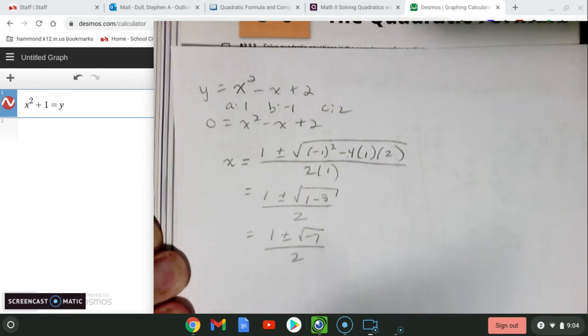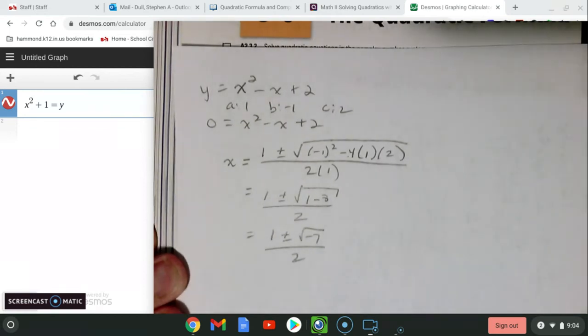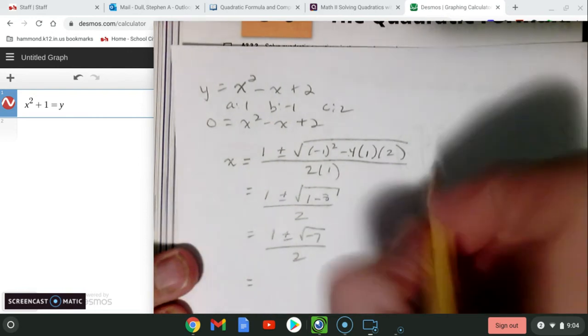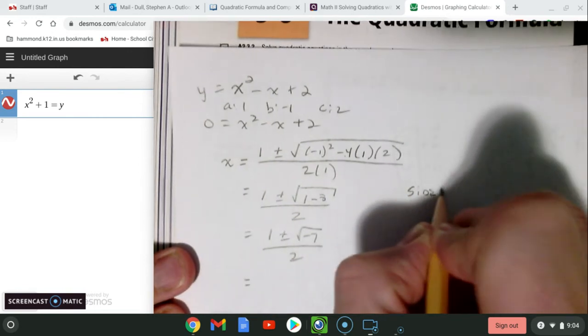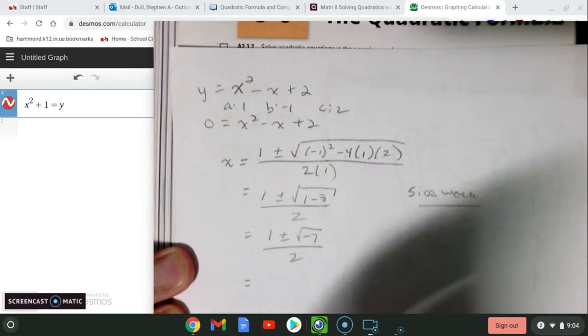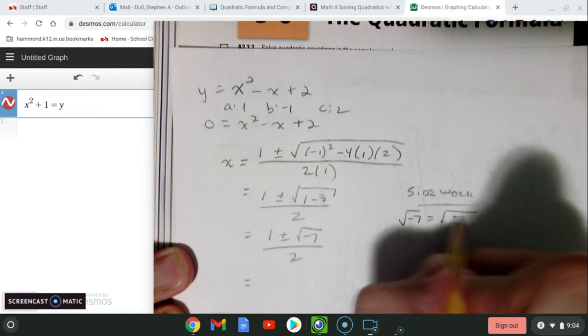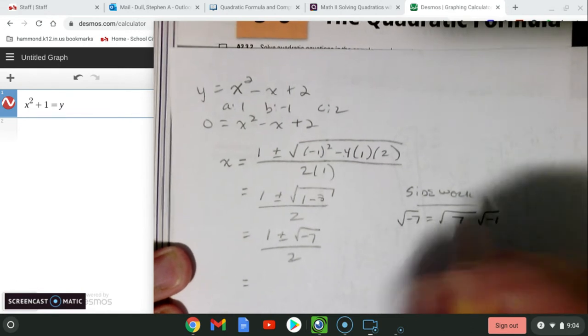So when we get to this moment, we recognize something here. We can't take the square root of negative 7 in the set of real numbers. So what do we do with that? Here's my side work: the square root of negative 7 is the same as saying the square root of 7 times the square root of negative 1.